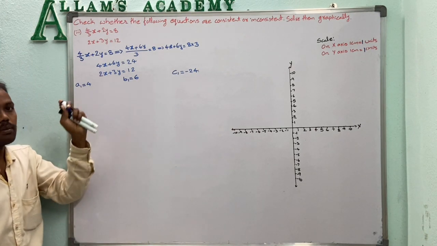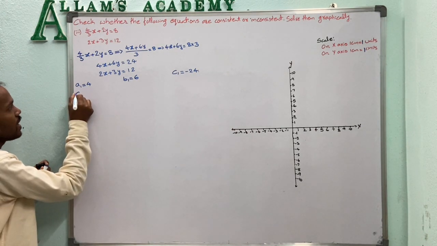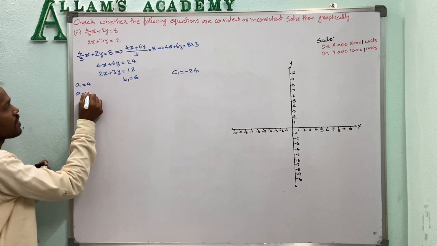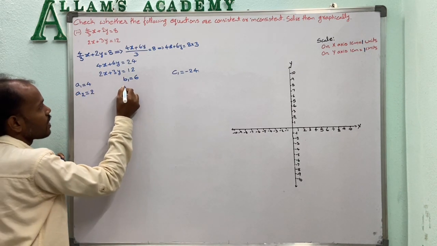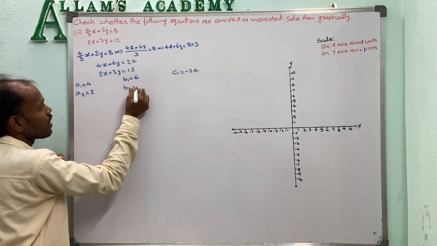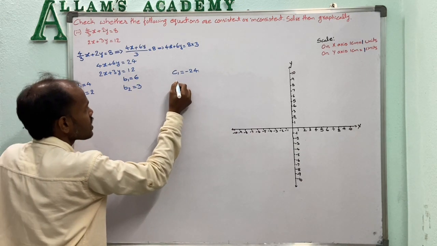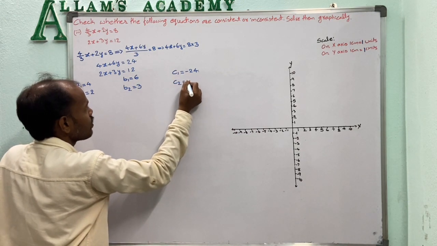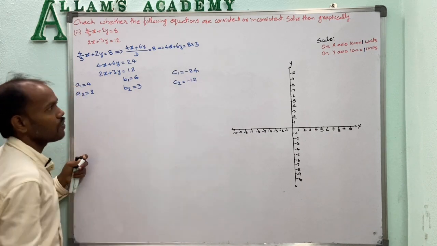For the second equation, a2, the x coefficient, is 2, the y coefficient b2 equals 3, and the constant term c2 equals minus 12.